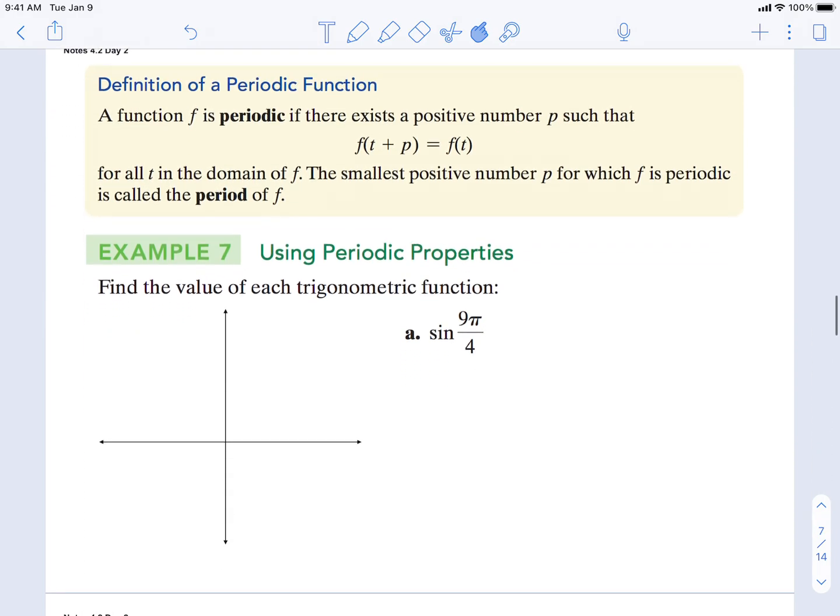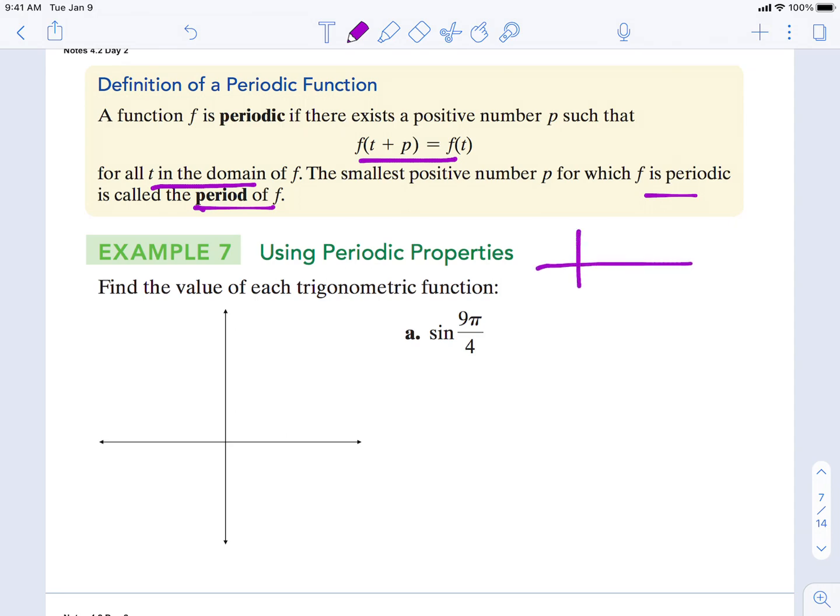In this yellow box is the definition of a periodic function. A function f is periodic if there exists a positive number, so that we have this equation. T is in the domain, and then you have a period. So let's talk about an example.